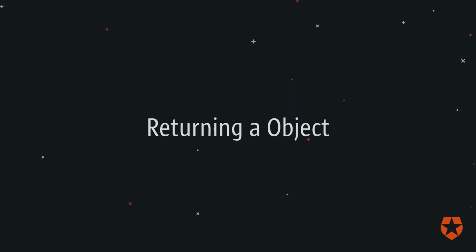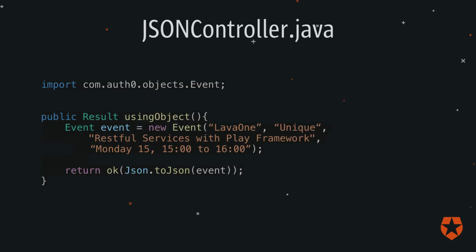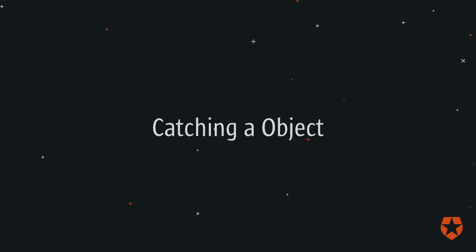So now we want to return an object, so we will create an object like this one, like say event or anything else. And we only will create the object, and we will say here, well, now toJson, instead of rendering a HashMap, will render an object. And I will show you too how to catch an object, so we can make that in a live demo.